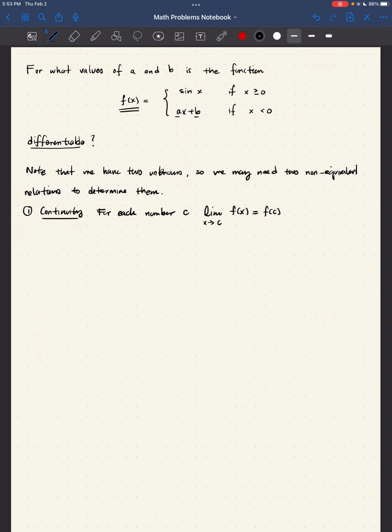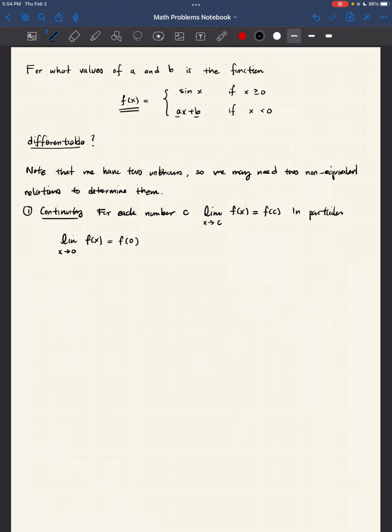In particular, we should have that the limit as x tends to 0 of f of x must be f evaluated at 0.